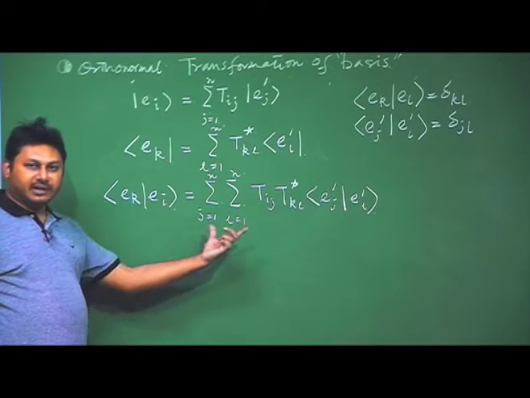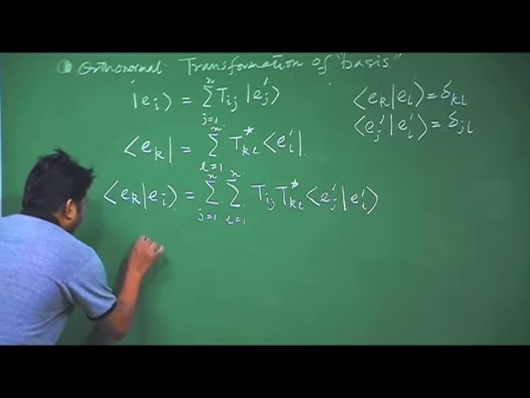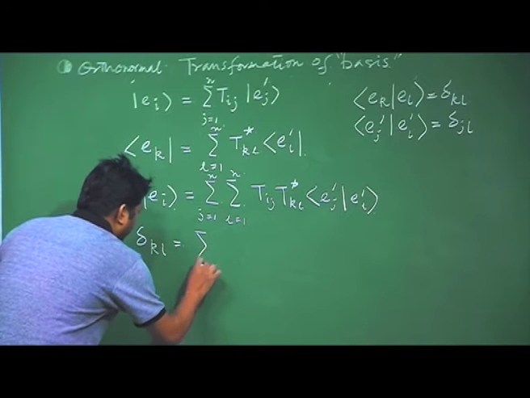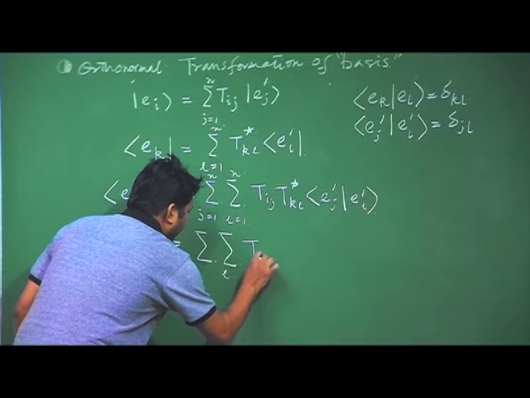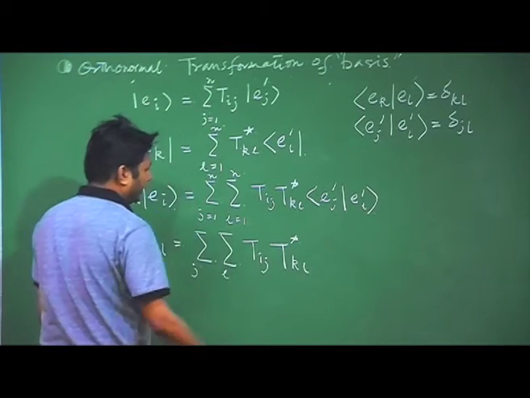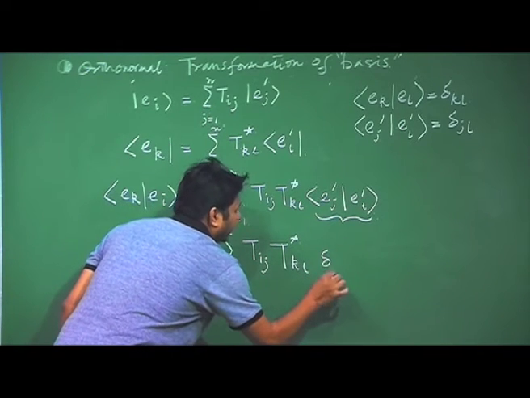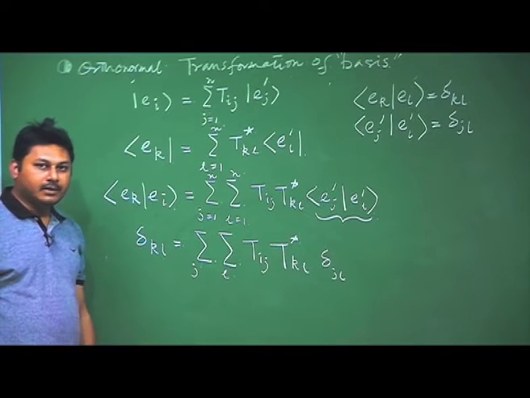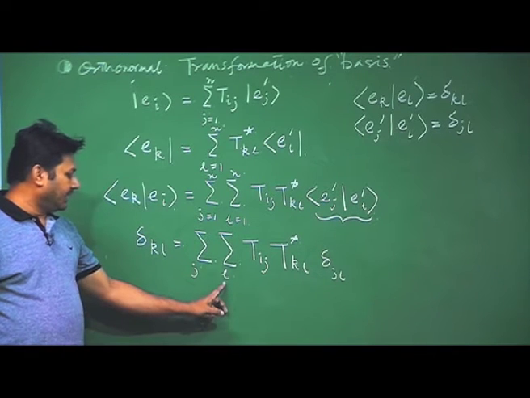Now I put both these conditions here so that I can get a relationship. So delta ki is equal to sum over j, sum over l, Tij Tkl star, and this quantity I demand should be a delta function, delta jl. This means j and l are both dummy indices.